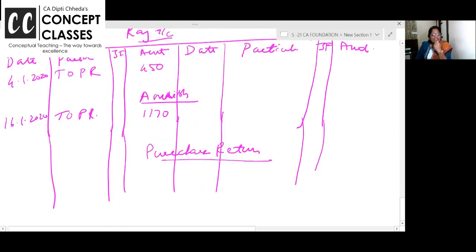Cash to purchase return. 9th of January, cash account. Cash account debit to purchase return. How much? 5 shirts at 40. So that is coming to 5 into 40, 200.